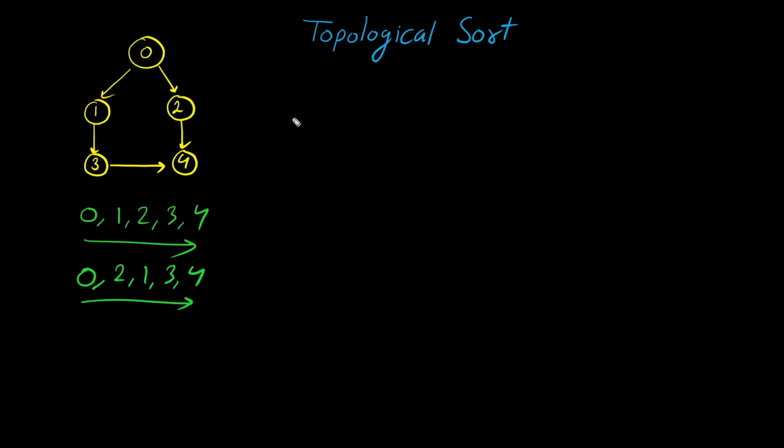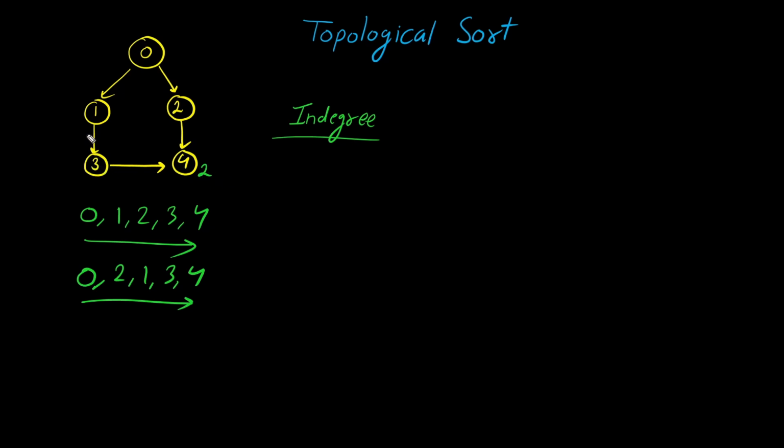So let's try to implement this. To implement this, we are going to use the in-degree method. In this method, we assign an in-degree value to every node, which means the number of edges coming to that node. So if we look at 4, there are 2 edges coming to 4. The in-degree would be 2.